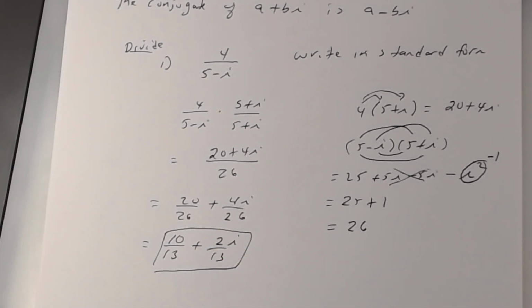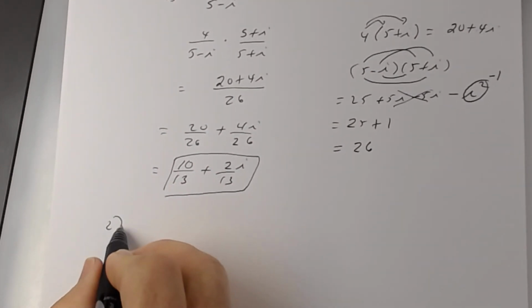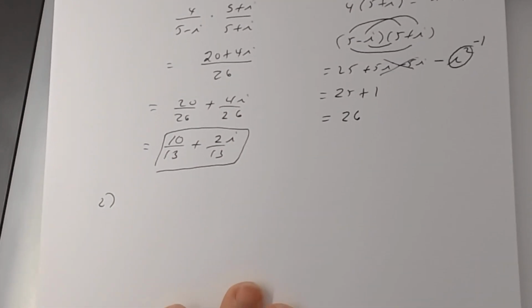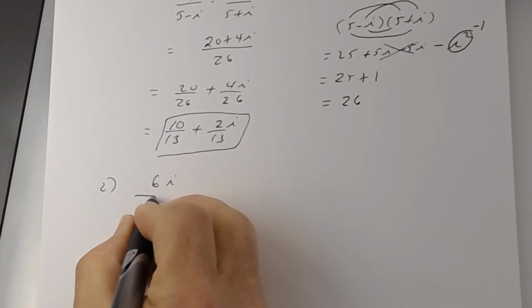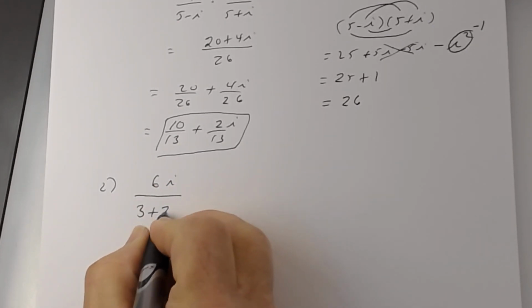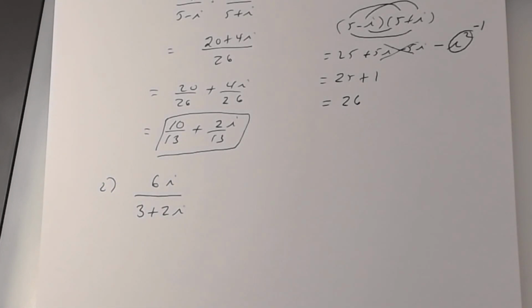So that was number 1. All right, number 2. Let's suppose you had 6i divided by 3 plus 2i.